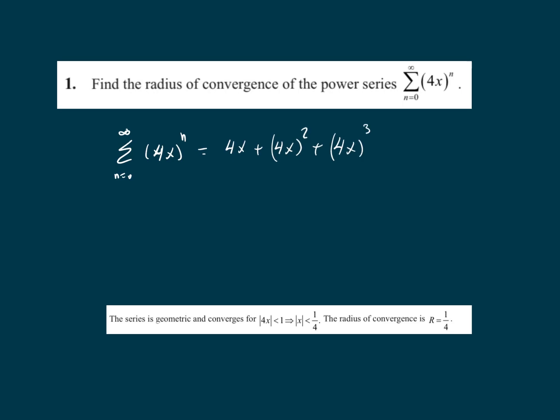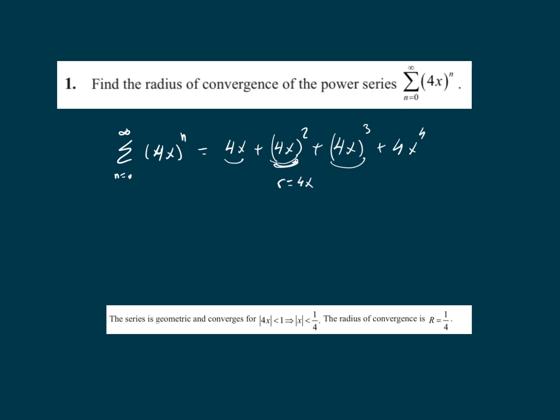Oh, I see what this series is. It is a geometric series. The factor I have to multiply a1 by to obtain a2 is 4x. The factor I have to multiply a2 by to get a3 is 4x. So this is a geometric series.